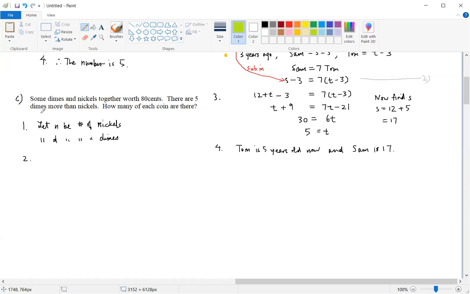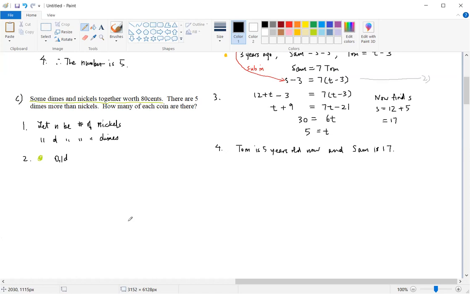Okay, so here again, first piece: some dimes and some nickels together worth 80 cents. Each dime is 10 cents. So if you have D dimes, it should be 10 cents times D. I'm doing it in terms of dollars, 10 cents is 0.1 dollar, so D dimes is 0.1D. Nickels are 5 cents.